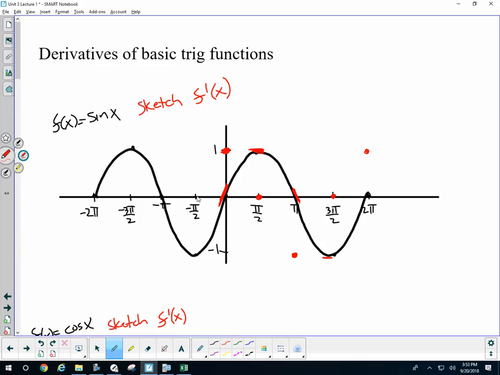Negative pi over 2, I have a slope of 0. Negative pi, I have a slope of negative 1. Negative 3 pi over 2, I have a slope of 0. Negative 2 pi, I have a slope of positive 1. Do you guys plot those values as well? Well, connect them.